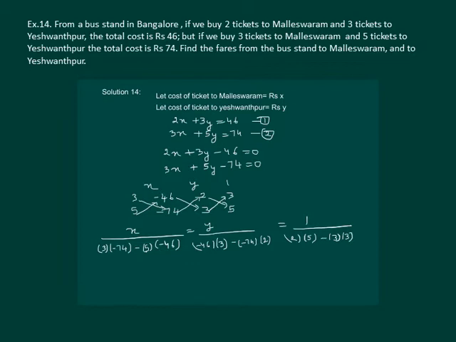Now simple mathematics is left to be done. We have x by minus 222 plus 230. Why? Because minus into minus will become plus. Similarly, y by minus 138 plus 148 equal to 1 by 10 minus 9.